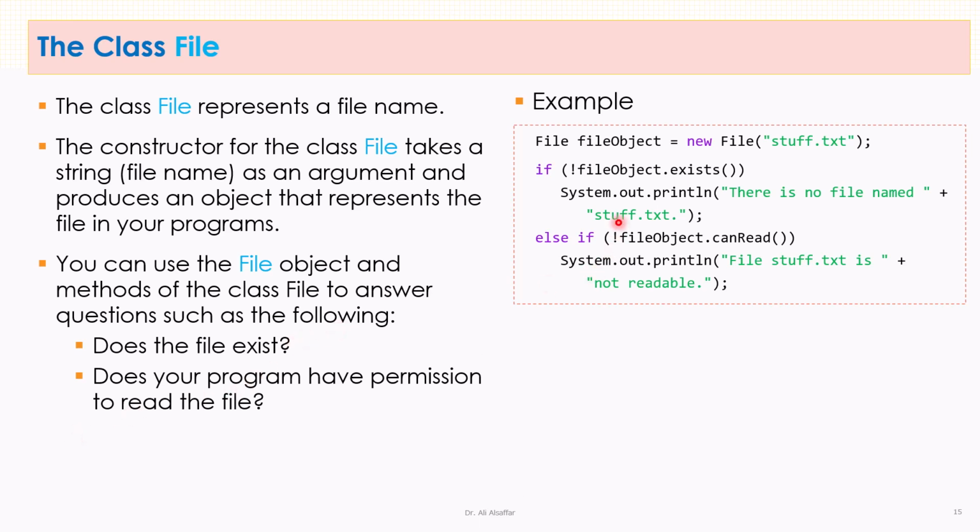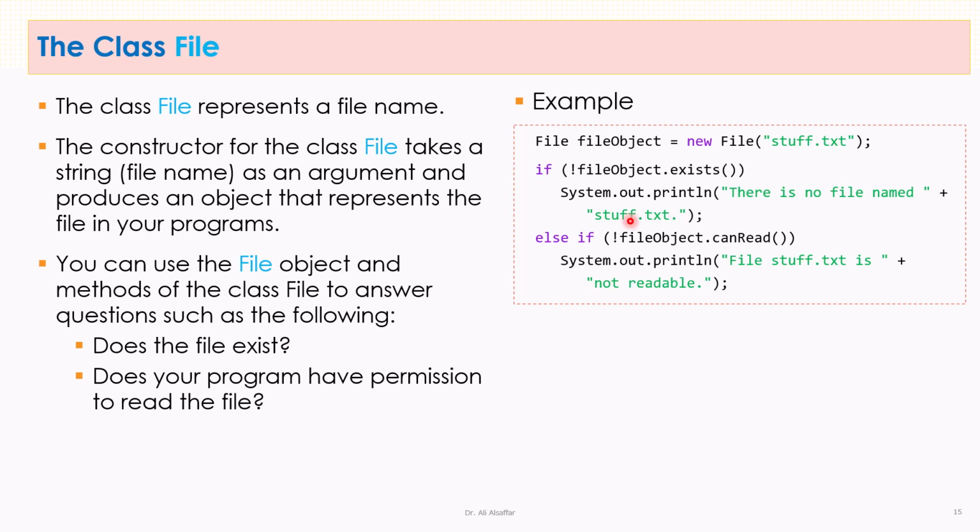To see how to use an object created from the File class, here is an example. In this line, we are creating the object for the file stuff.txt, and here we are using a special method inside the File class called exists, and this is a Boolean method. It returns true if the file exists, and false if the file does not exist. So if the file does not exist, a message is printed: there is no file named stuff.txt.